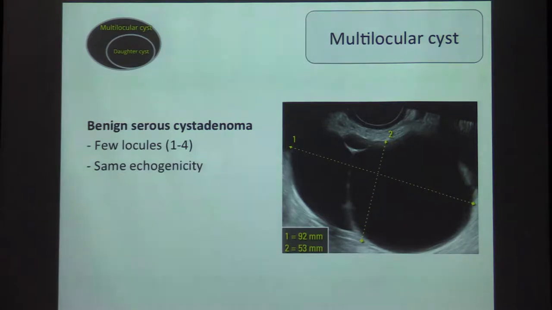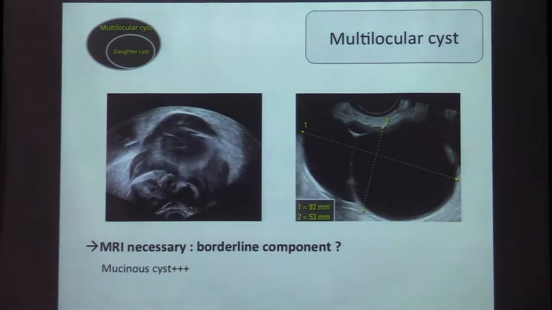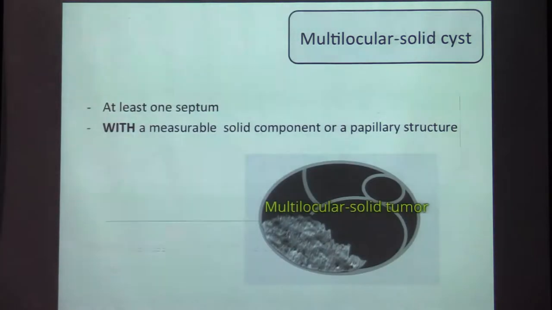You can also have a benign serocystadenoma, which has fewer locules than the mucinous type, maximum 4, and of the same echogenicity. In both situations, you have to perform an MRI to look for a borderline component, especially in mucinous cysts.